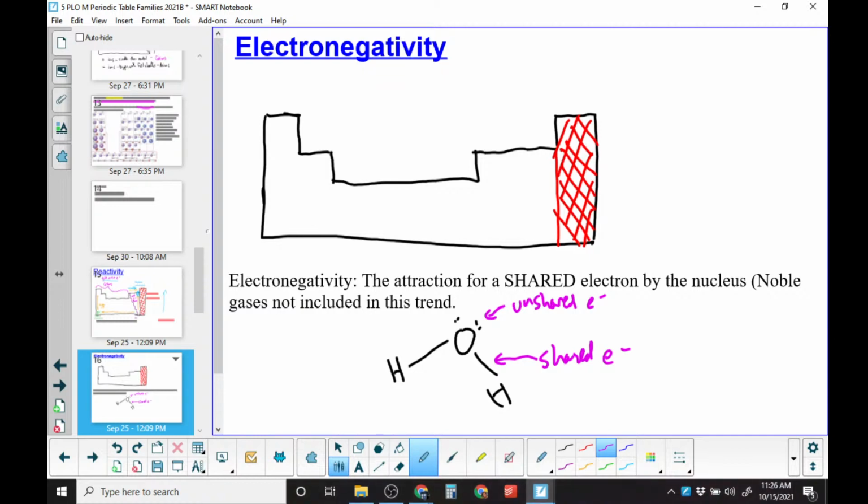What is it in? What's this called? A bond. So electronegativity is always the attraction of electrons in a bond. There's another way of saying unshared. So good. Now for a trend.